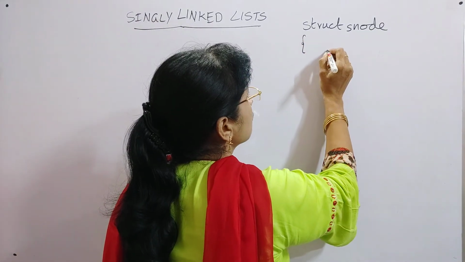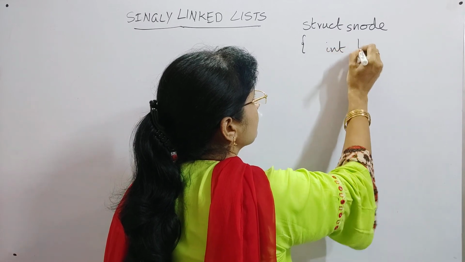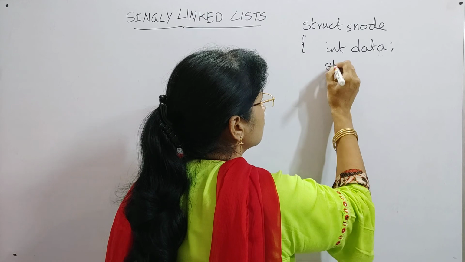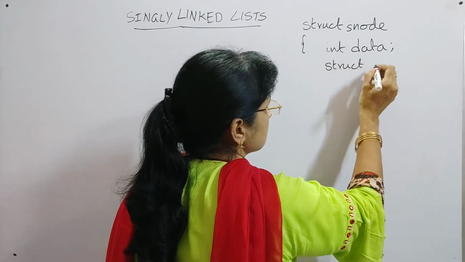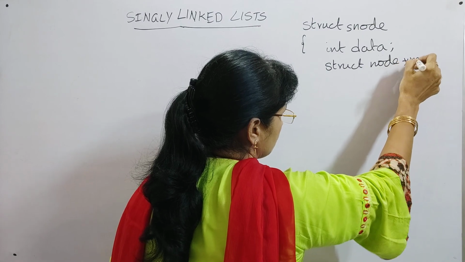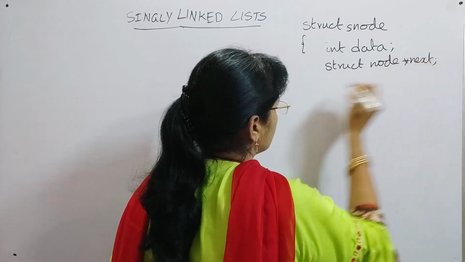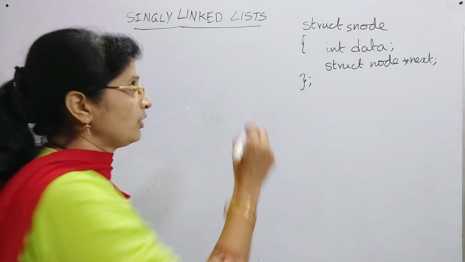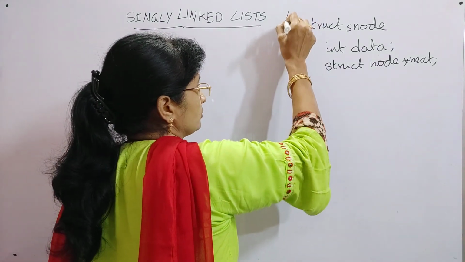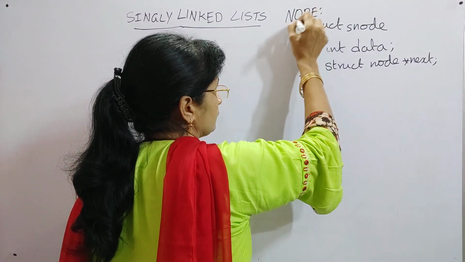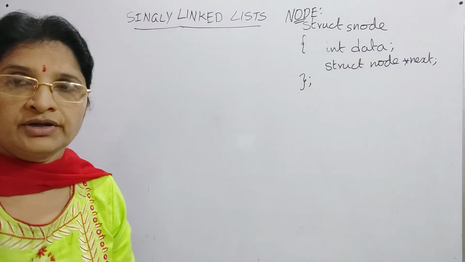Then you can give the data part, int data, and next you have to give the pointer, that is struct node asterisk next. This is how you can declare a node. This is the node definition.